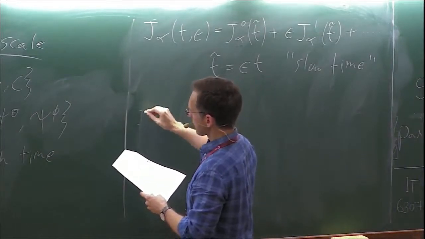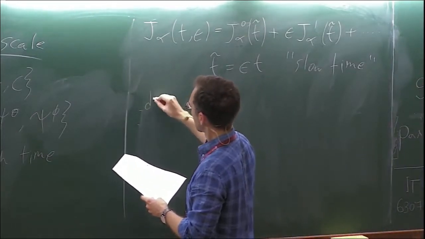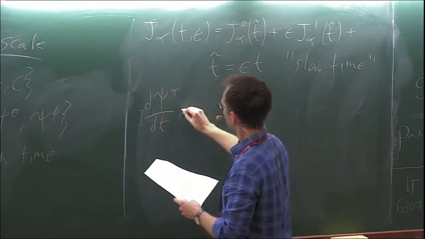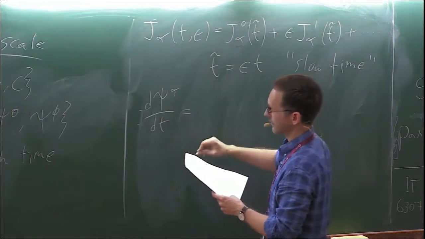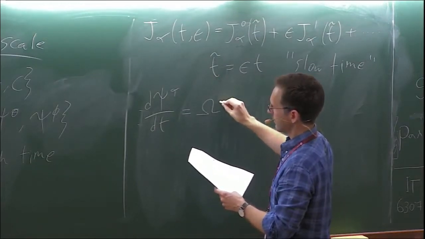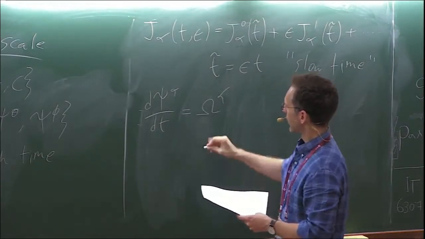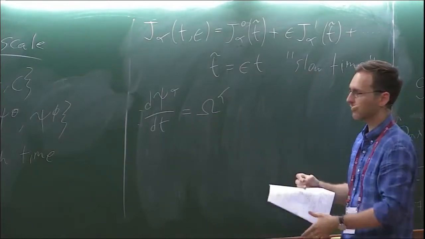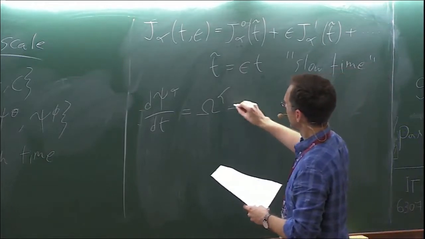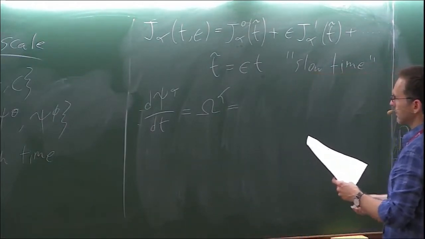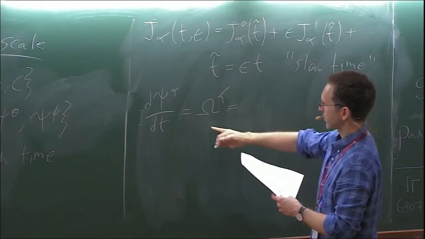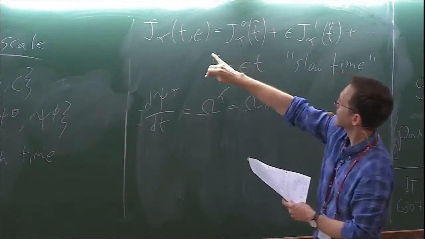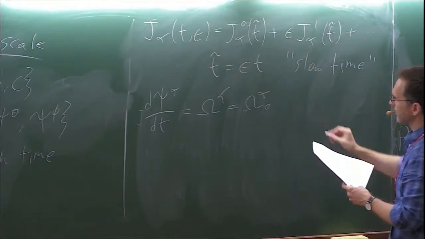Then the phases satisfy d psi dt is omega alpha, where this omega is just 2 pi over the orbital period that I described before. And we can arrange things such that this orbital frequency has an expansion just like the constants of motion.